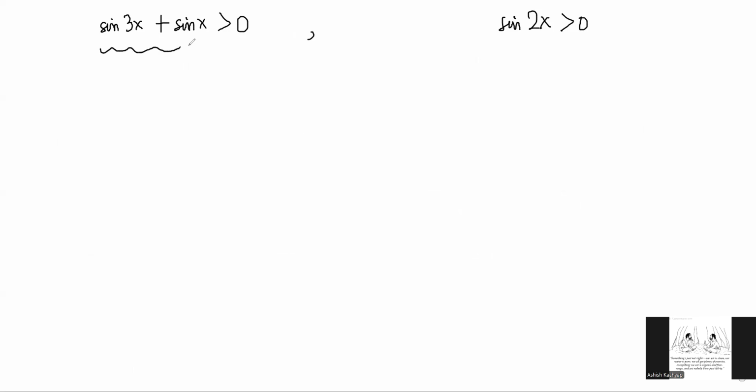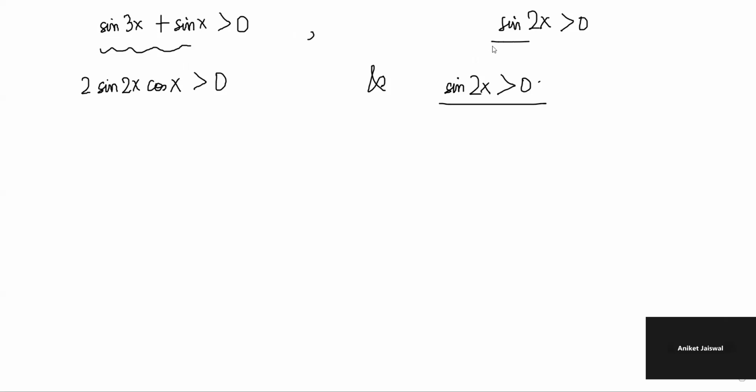So to analyze this, you can use the sine c plus sine d formula. You can say 2 sine of c plus d by 2, so that is 2x, cos of c minus d by 2, so that is x, should be positive. And you also have sine 2x is positive from here.